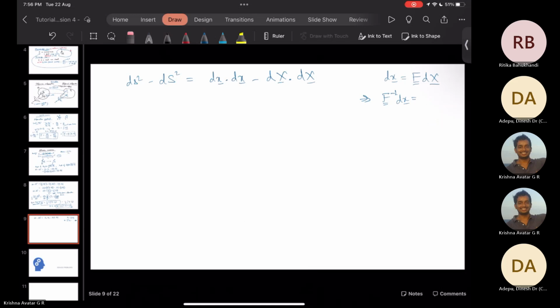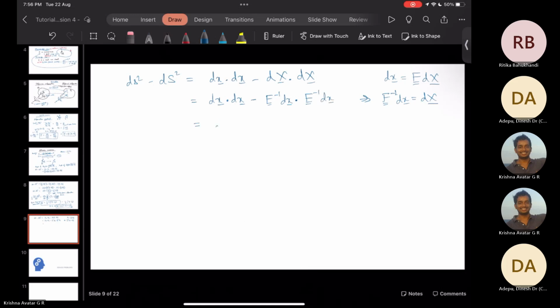So we have obtained the element in reference configuration in terms of the element in the current configuration. And then we'll substitute this here, minus F inverse. The thing is, these definitions come in handy later. So this will be this.